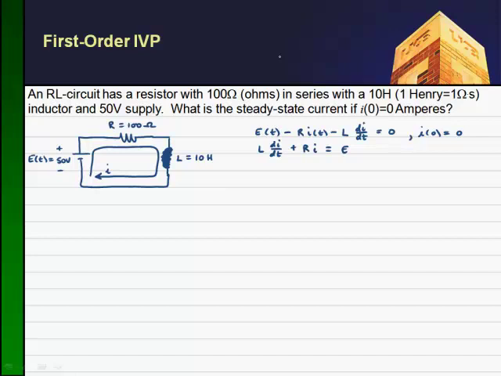If I divide everything by L, I get di dt plus R over L I is equal to E over L. At this point we can identify our integrating factor. It'll be e to the integral of R over L dt, and in this case R over L is constant, of course, so we just get e to the R over L t as our integrating factor.